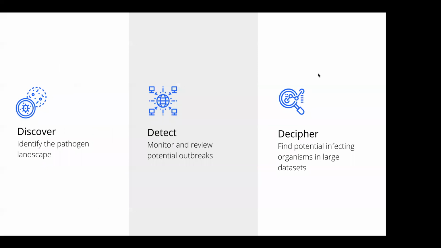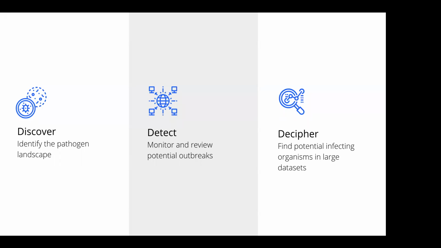The three main use cases for IDseq can be summarized as discover, detect, and decipher. So discover really has to do with identifying the pathogen landscape across a cohort of samples. Detect is more focused around monitoring and reviewing potential outbreaks.